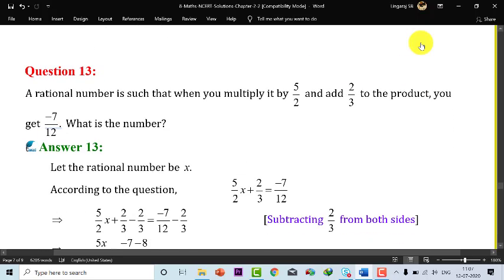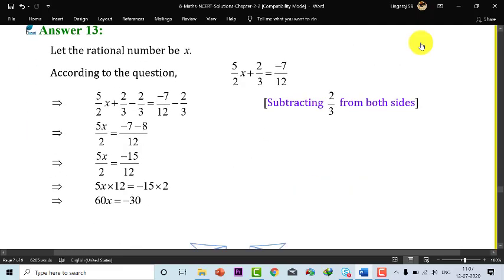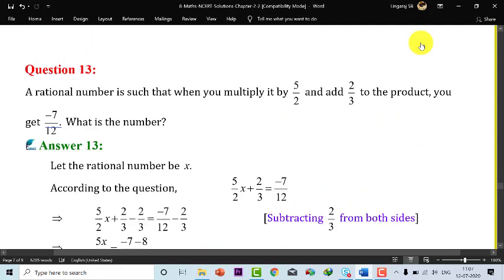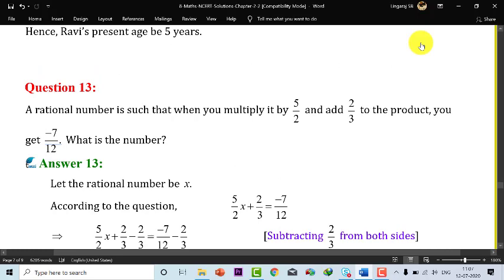A rational number is such that when you multiply it by 5 by 2 and add 2 by 3 to the product, you get minus 7 by 12. What is the number? Let the rational number be x. According to the question, 5 by 2 x plus 2 by 3 is equal to minus 7 by 12.